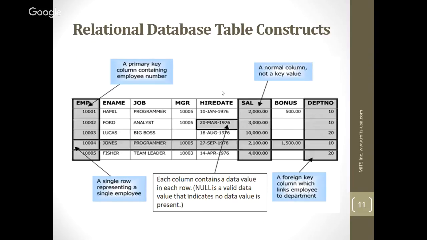Right, in another table. So this dep number is a foreign key. This is the bridge on how to navigate to the correct record in the other table. So you want to think of foreign keys as being your navigation path. You have this foreign key, primary key relationship, and that relationship exists for the purpose of navigating from one table to another table in order to get related information, like the name of the department.